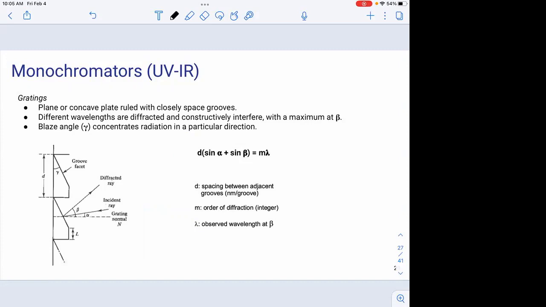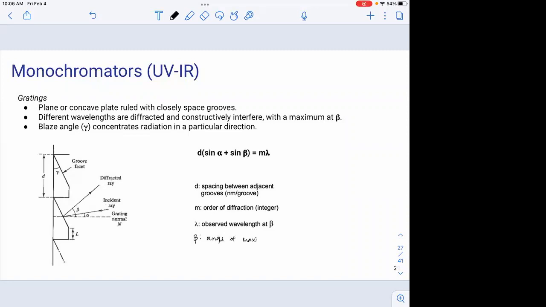You just have really narrow grooves in the surface of that CD, and that's how you reflect back a rainbow. Different wavelengths are diffracted and constructively interfere with a maximum at this beta, which is the angle of maximum constructive interference.